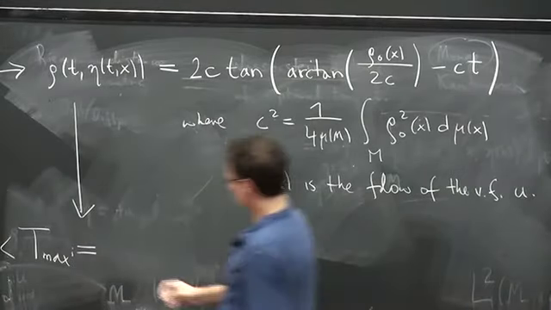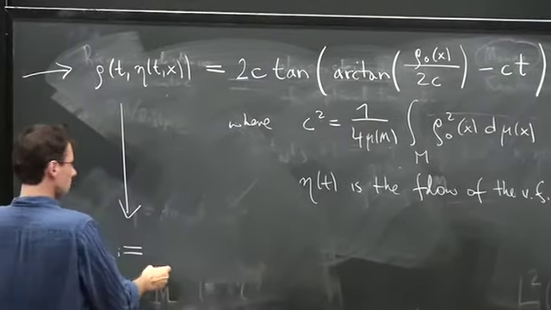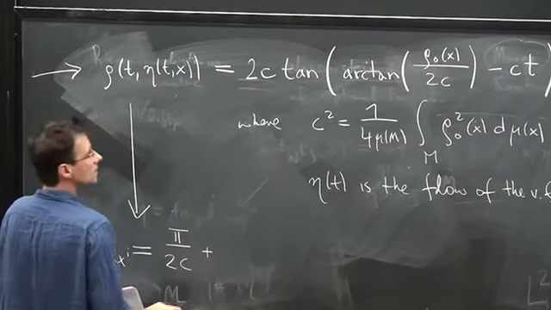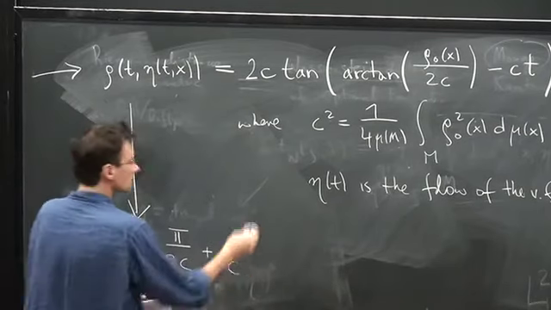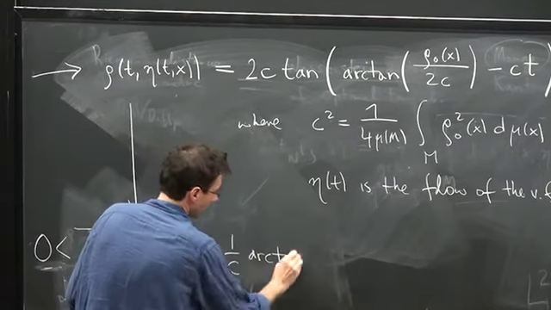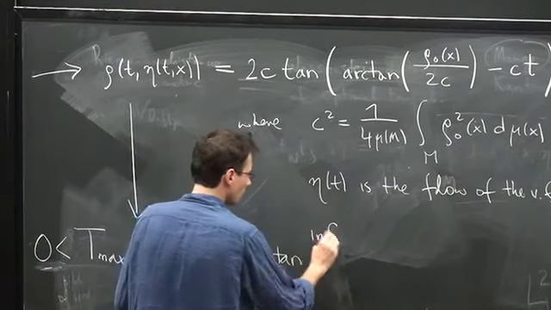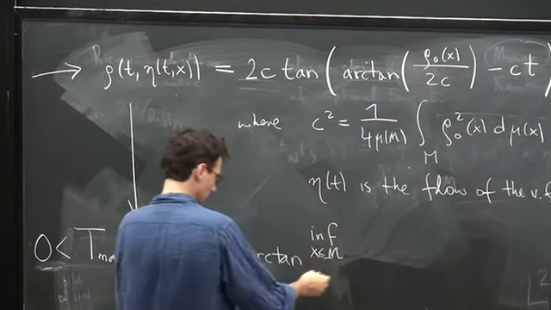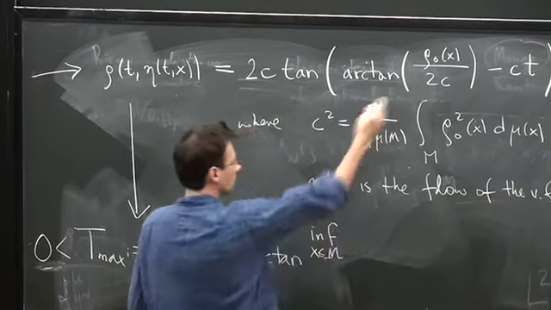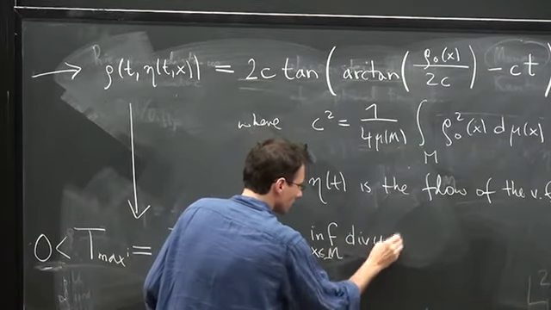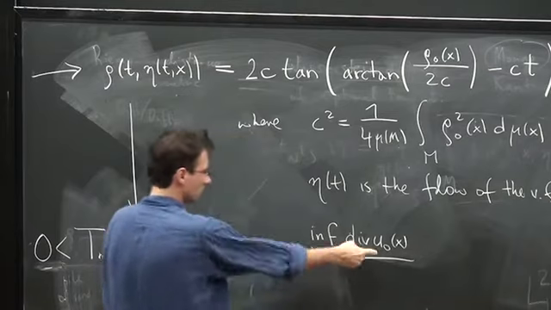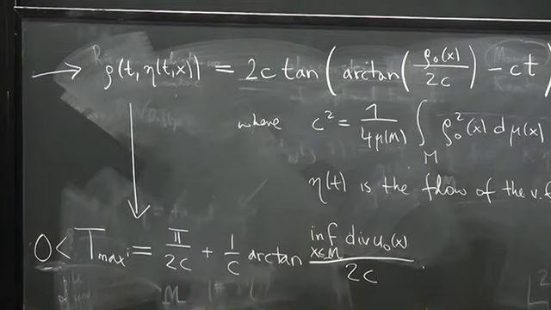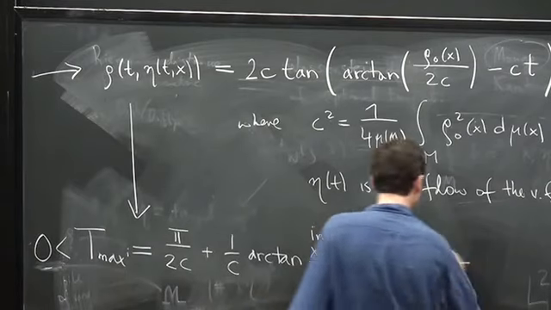I take t to be pi over 2c plus 1 over c times the arctan. And here I take the infimum over x in M, the x where this is achieved, using the vector field u0, divided by 2c. So this will be the existence time, the lifespan of these solutions.